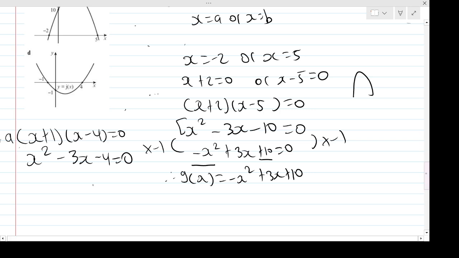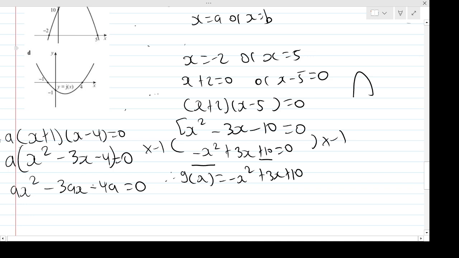And so if we were to expand that, this is the expansion, but again, that's going to be multiplied by a. So let's expand it. I'm going to get ax squared minus 3ax minus 4a equals 0.